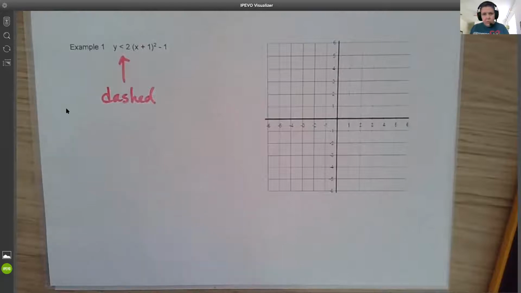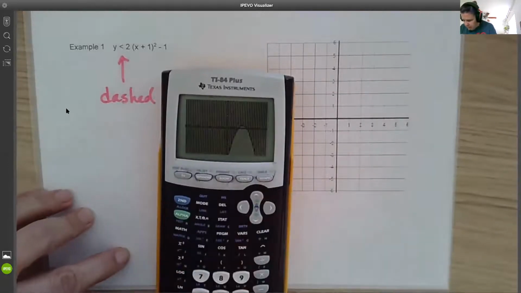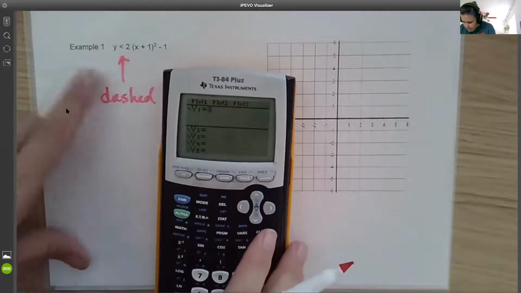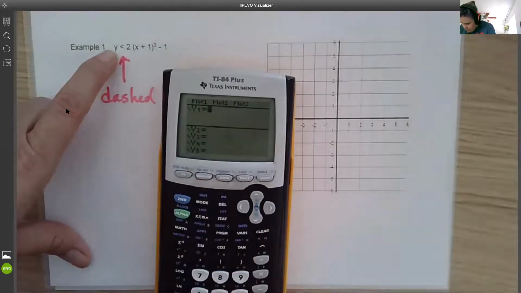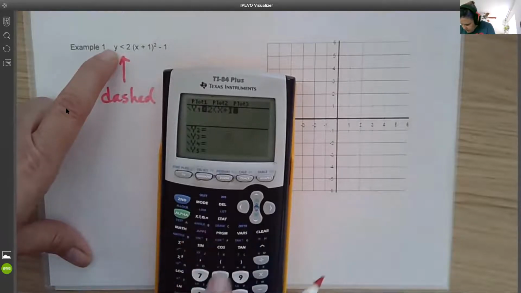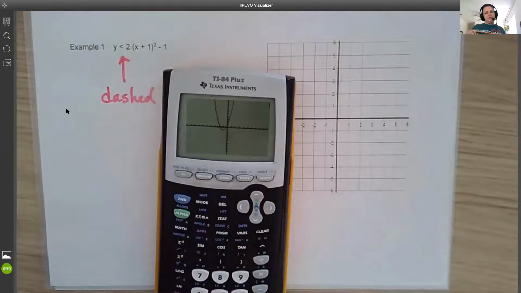Now I need to figure out what points are going to define this parabola. So go to your calculator and you can type into y equals the equation as if it was y equals 2 times (x plus 1), close parentheses, squared minus 1. Okay, now I'm going to look at the graph first so that I can figure out where on the table I need to look to get my exact points.